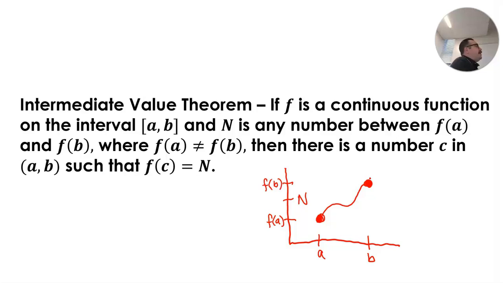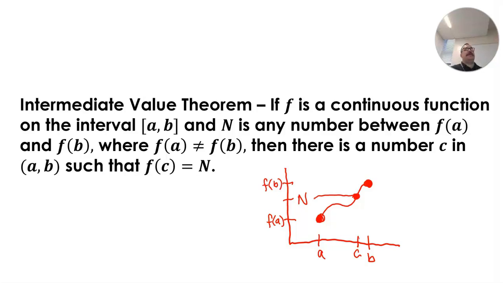So if we'd like to get from a to b, then at some point in between, you will hit a value, and we can see the value right here. You should hit some value where f(c) is equal to n.